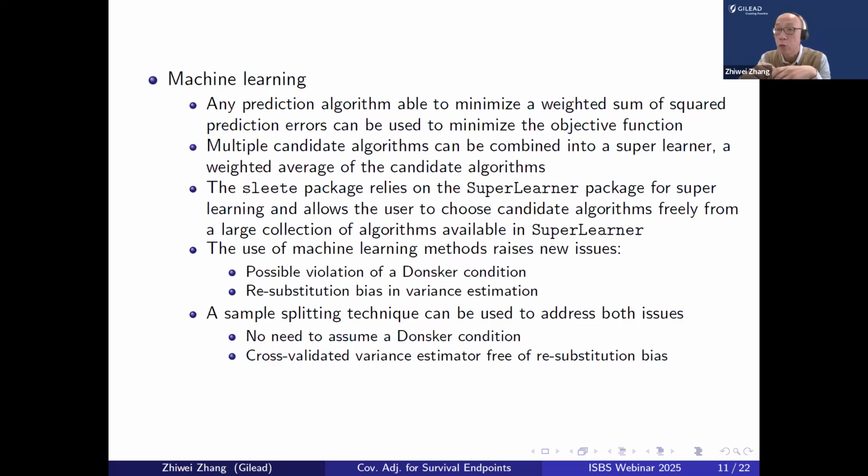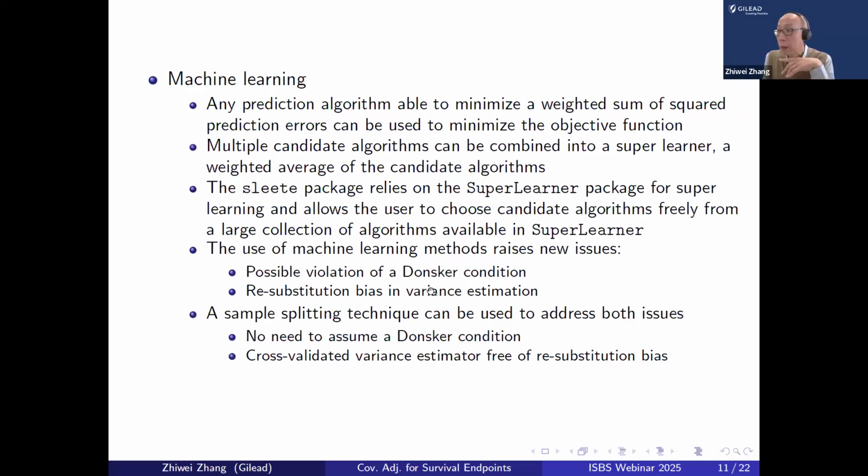This condition is trivially satisfied by parametric models and relatively simple machine learning algorithms such as regression tree. But for more complicated algorithms like random forest or neural network, it might be a problem. And if this condition is violated, and without doing anything to fix it, we may not have asymptotic normality.